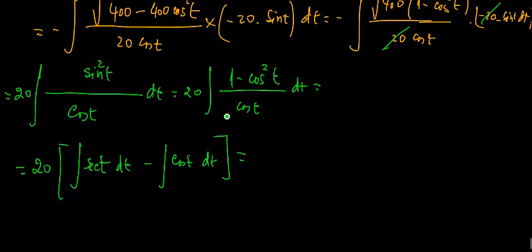And okay, let's go. 20, and the integral of the secant of t, it is easy to calculate, it is very easy. It's a natural logarithm. I could demonstrate that, but I have that in my head, so it is the natural logarithm of secant of t plus tangent of t.